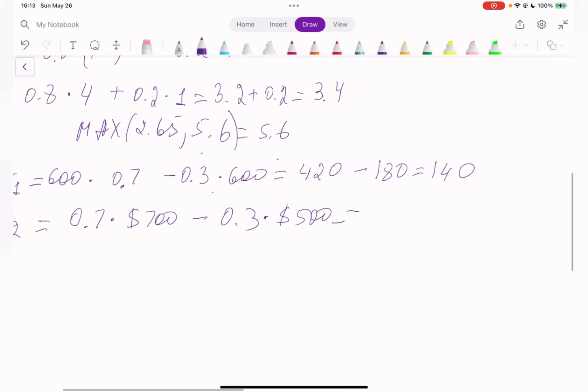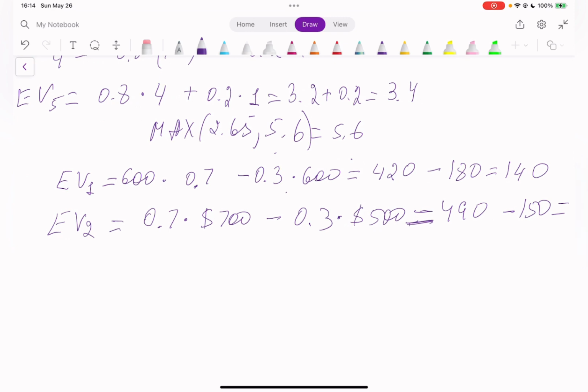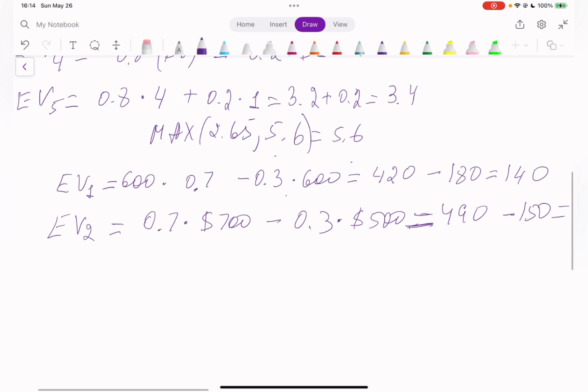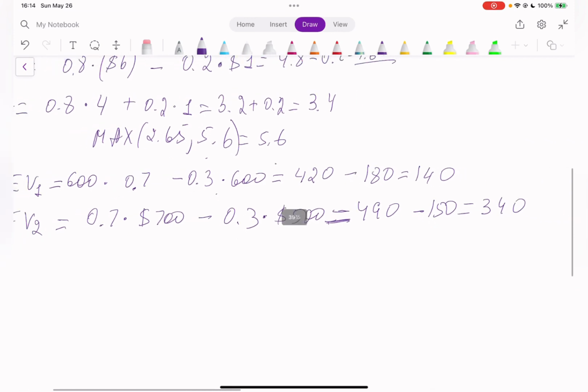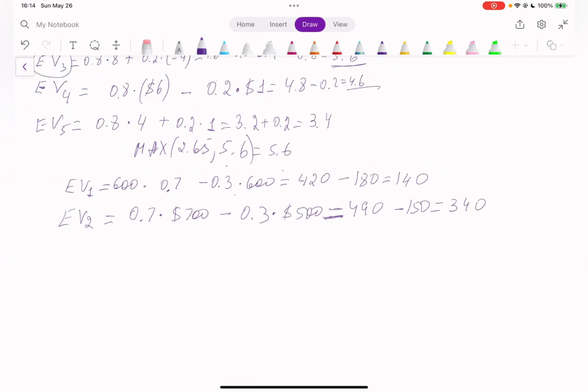So 0.7 times 700 is going to be 490, and minus 150. And we are going to have 340. Double check so as not to make a silly mistake. All right. So the maximum between EV1 and EV2 is going to be EV2, right?